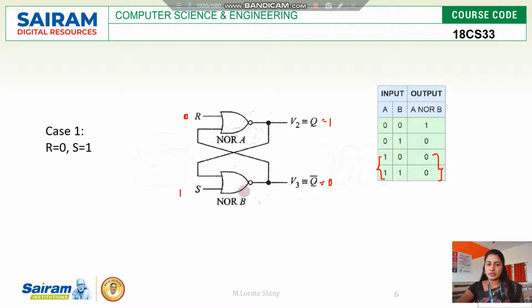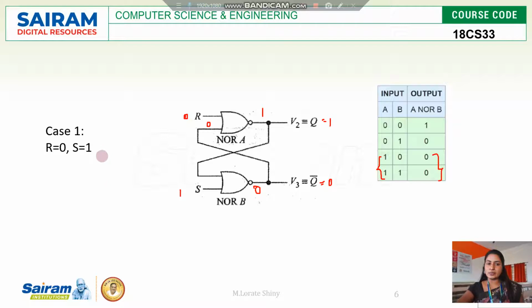So here if you take the second gate, yes, the input is 1, so this output will be 0. This output is taken to the first gate, second input. So the second input is 0 now. If both the inputs are 0, then the output is 1. So you can see V2 is equal to Q, that is nothing but 1. V3 equal to Q bar, that is nothing but 0.